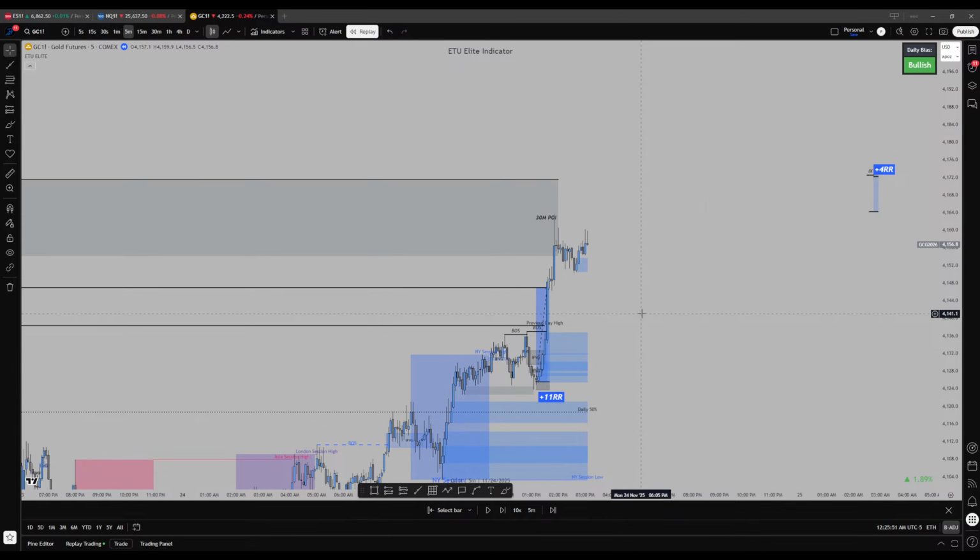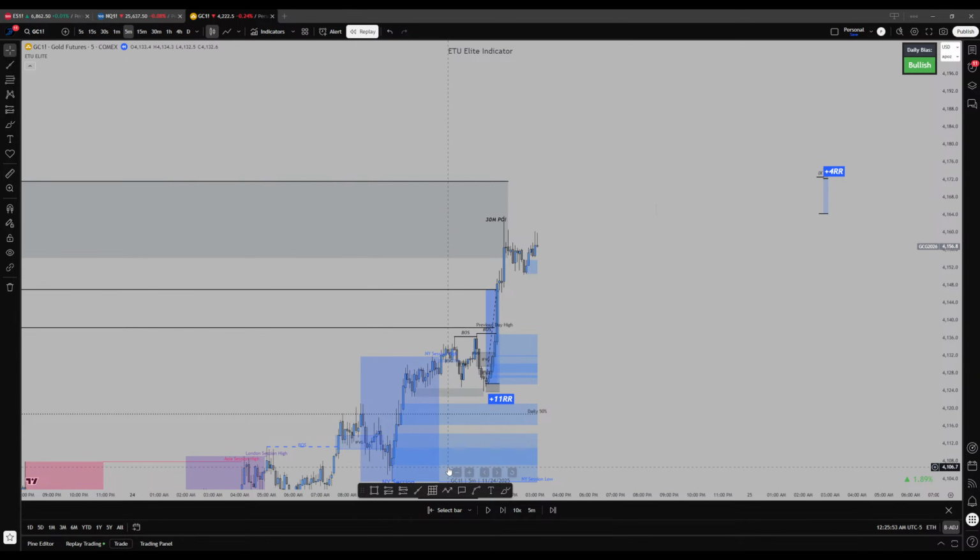So even though it's not technically within the same day, the new daily candle forms at 6. Let me double check this. I'm pretty sure it does. If you guys know the answer to that, let me know as soon as possible. Some people get this kind of confused.